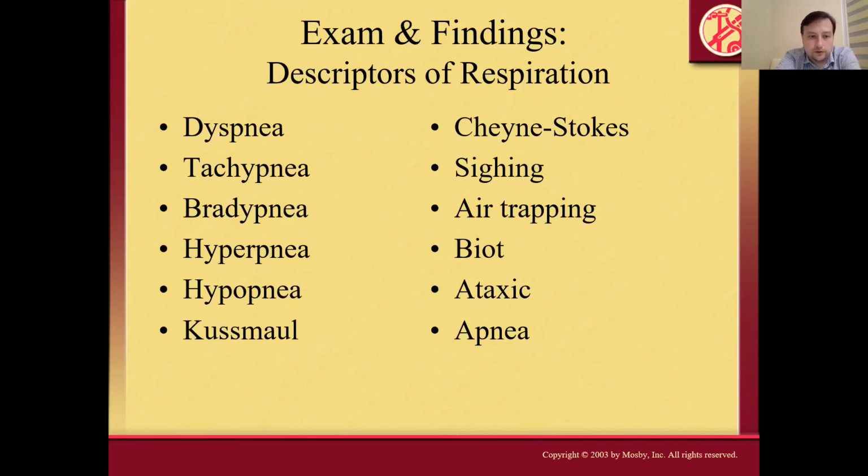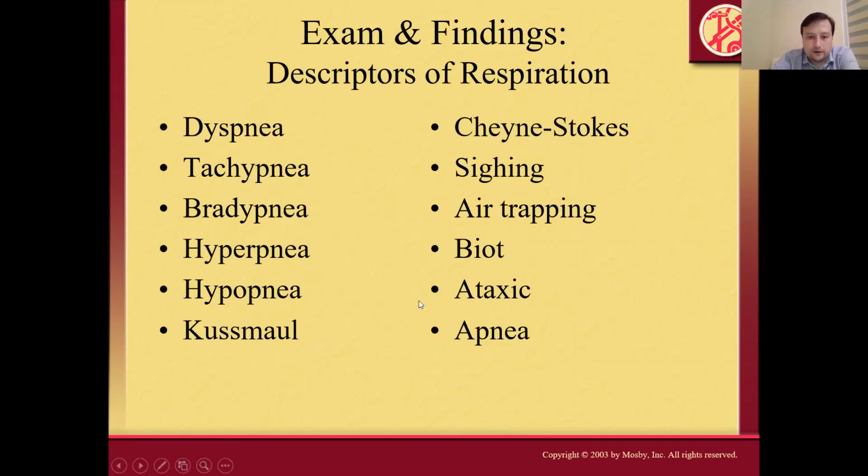First of all, the rate of breathing. Normally the rate is from 16 to 20. Less than 16 we call bradypnea. More than 20 we call tachypnea. Dyspnea, as we mentioned earlier, is shortness of breath, so the patient has some problems in breathing.